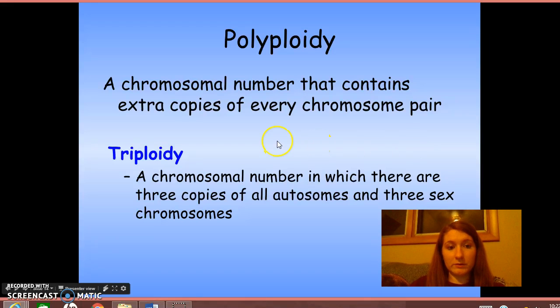An example of this would be triploidy, a chromosomal number in which there are 3 copies of all autosomes and 3 sex chromosomes. So like I said before, 46 would result in an extra 23 instead.